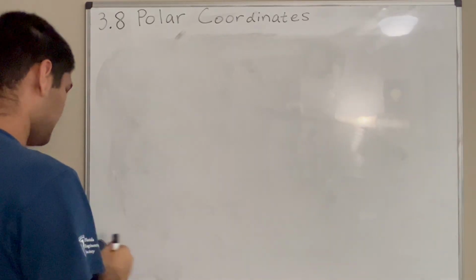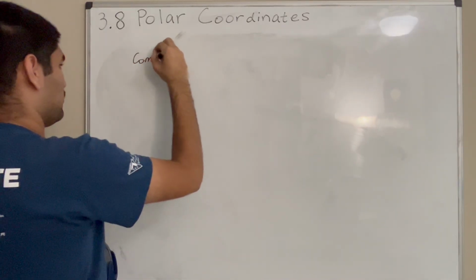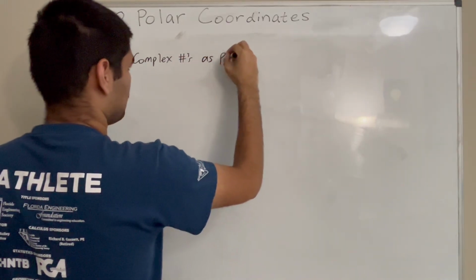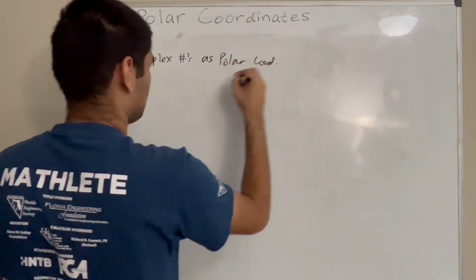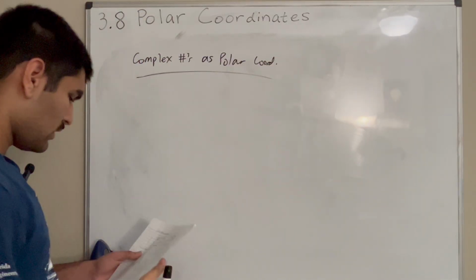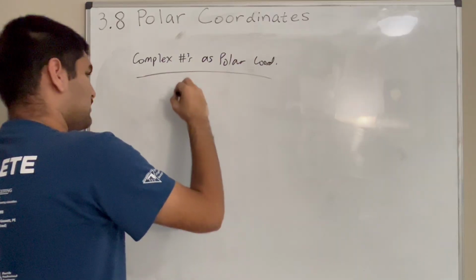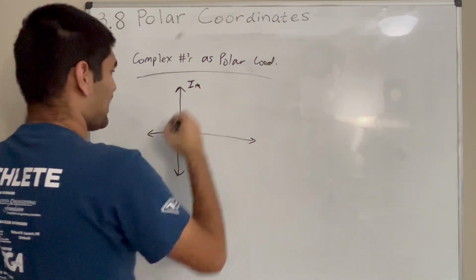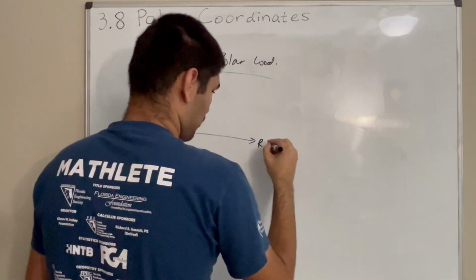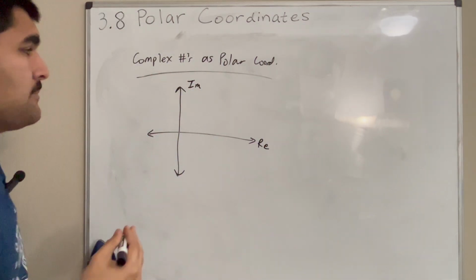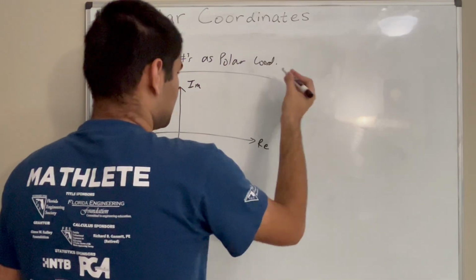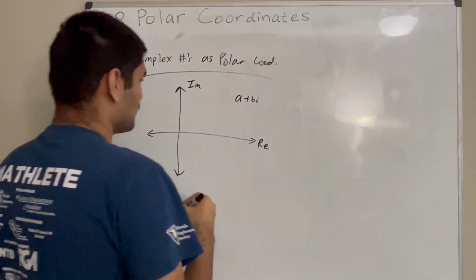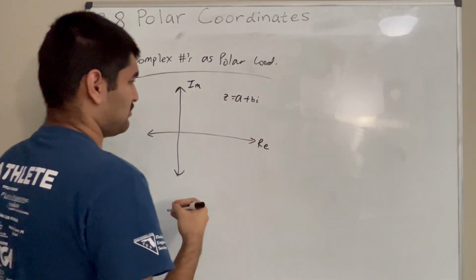All right. So now we want to write complex numbers as polar coordinates. So let's consider the complex plane. So namely, the vertical axis is the imaginary axis, and the horizontal axis is the real axis. Okay, so basically what this means is like if you have some point like a plus bi, so let's say we had like some complex number z is equal to a plus bi, right?